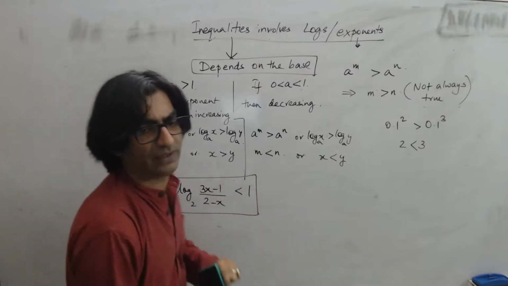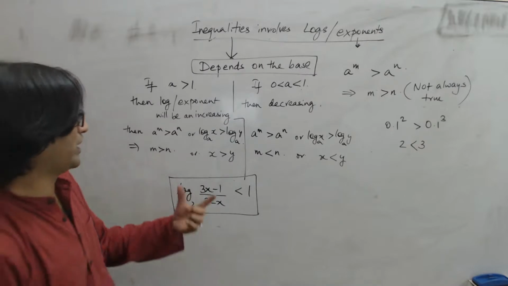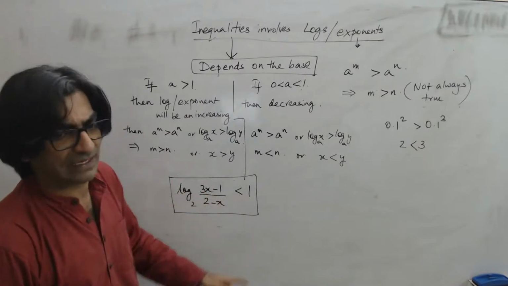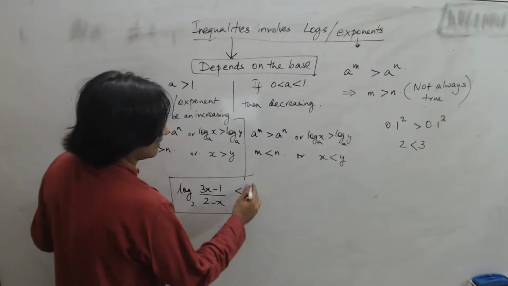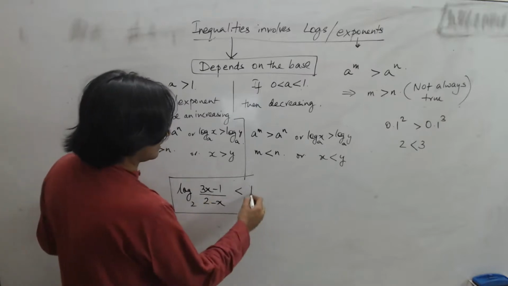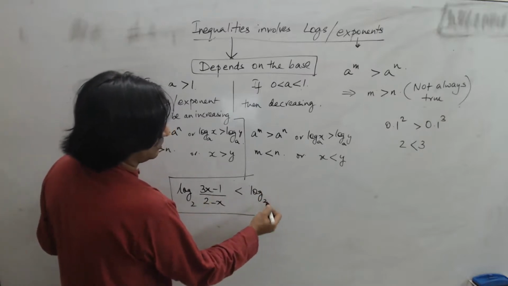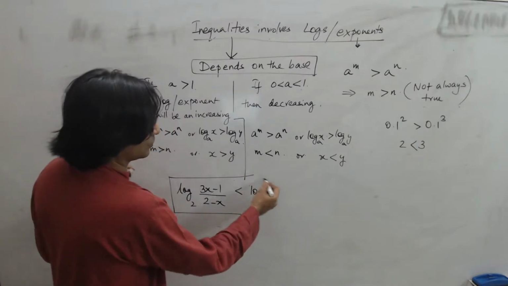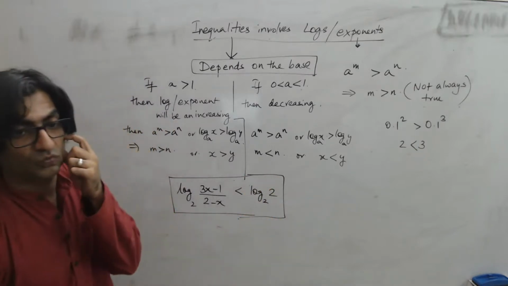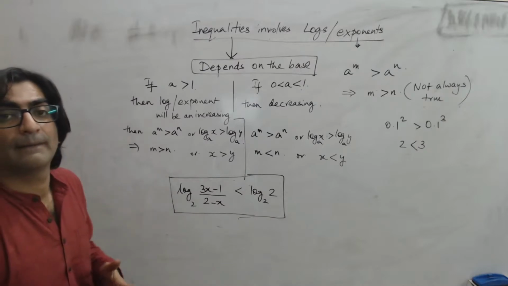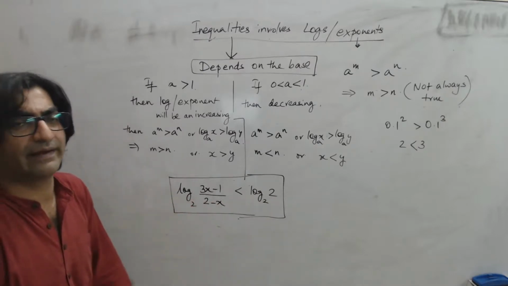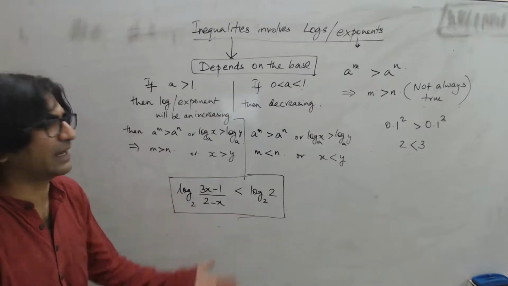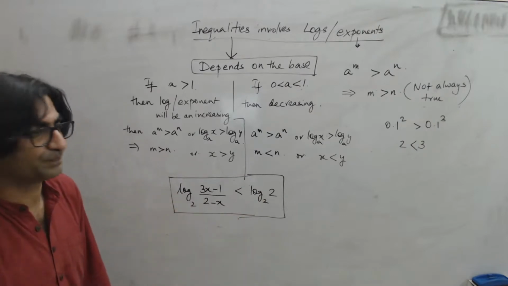The moment I look at this inequality, I think, okay, a logarithm must be less than 1. Can I write 1 as another log? Sure, and I want the base to be the same. 2 raised to the power 1 makes 2, so I can write 1 as log 2 in the base of 2.